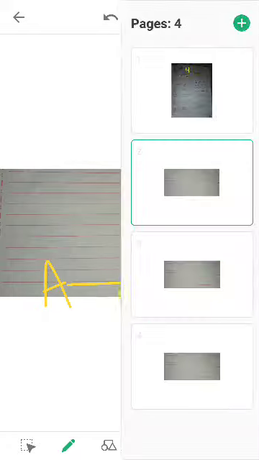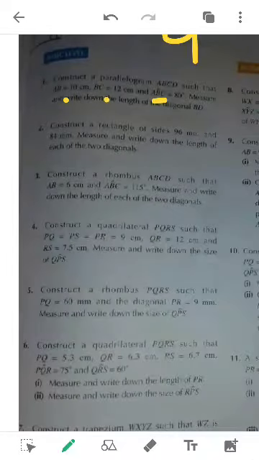So this is the start of the question. We have taken a side AB that is equal to 10 centimeter. You will draw a line AB equal to 10 centimeter in your notebook and place one point as A, another point as B. Proceeding forward, you have to first draw this BC equal to 12 centimeter line. How to draw a line is exactly the same as in the case of a triangle.